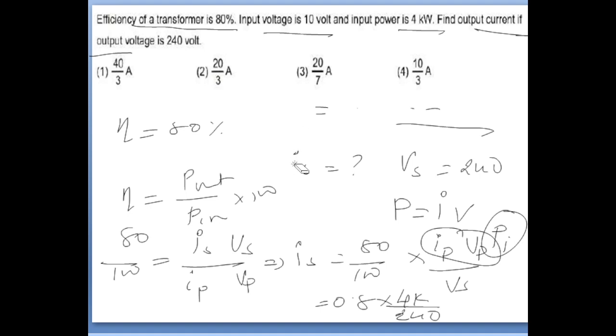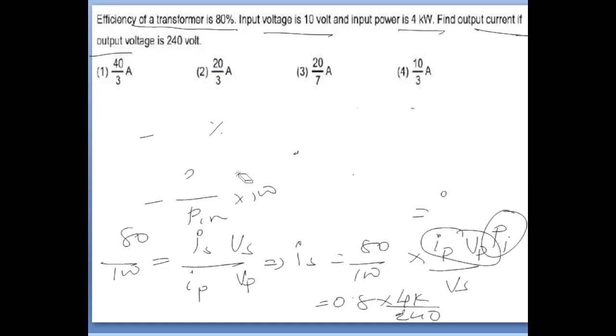On substituting all this, how much will you get? 0.8 into 4 into 10 power 3 by 240. So these 2 decimals will come in the denominator, 10 power 2 will come, cancelling this 0 and this 0.